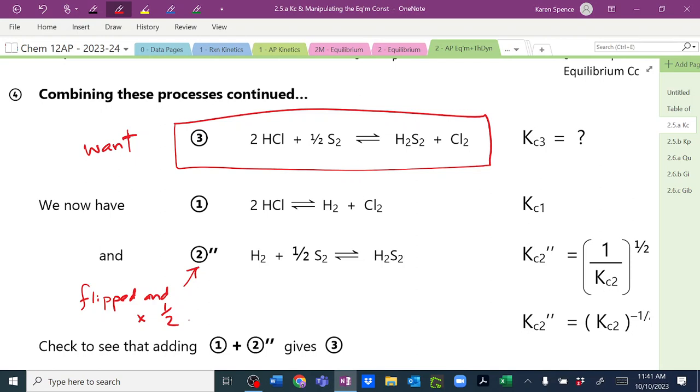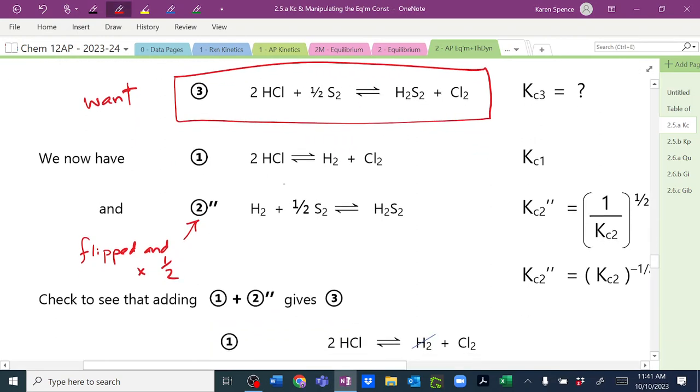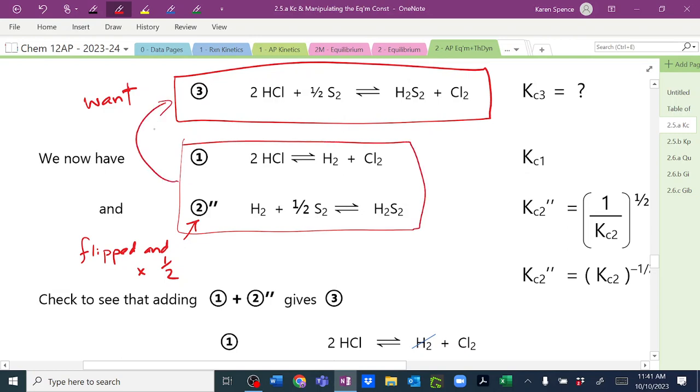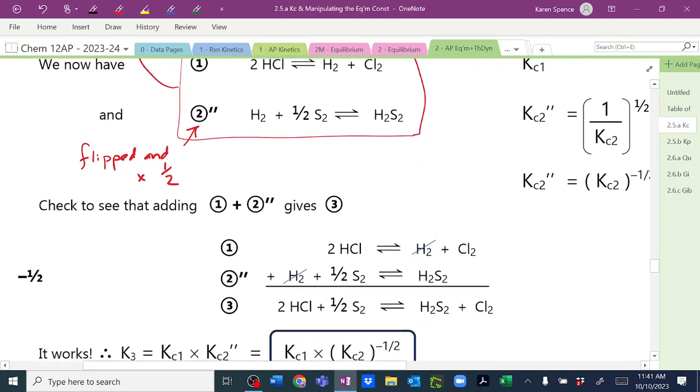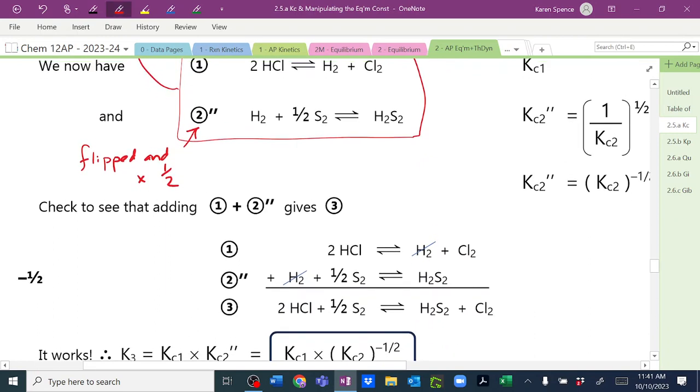Now, let's check to see if adding these 2 reactions is actually going to give us our overall reaction. It should. Like 99% of the time, it's going to be that simple. So let's add these 2. H2 cancels with H2.